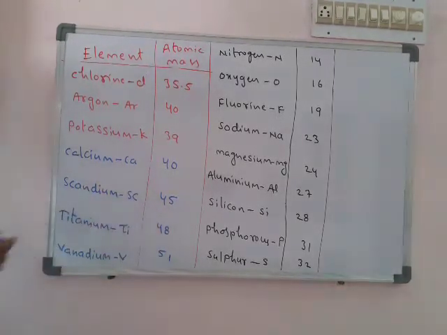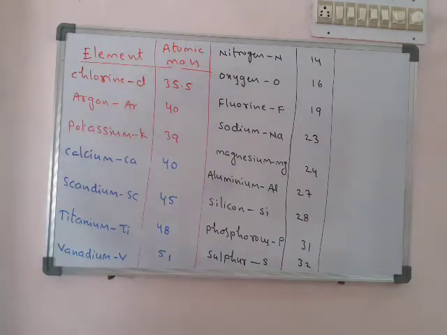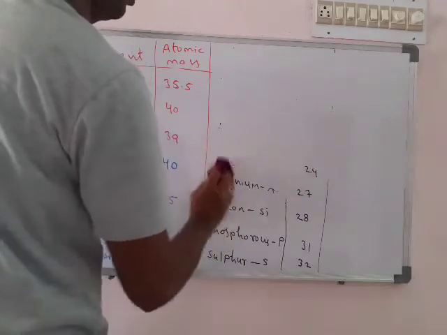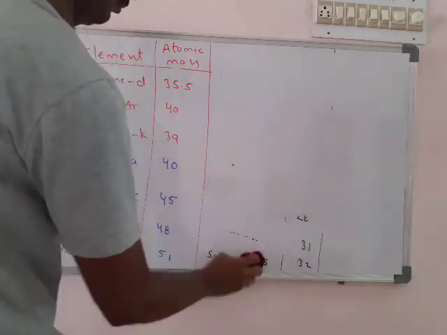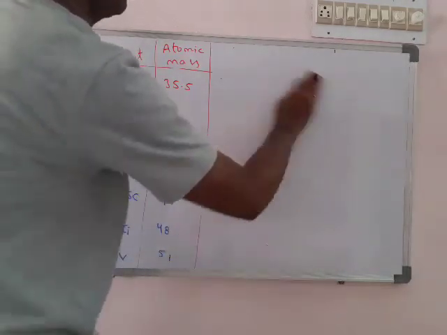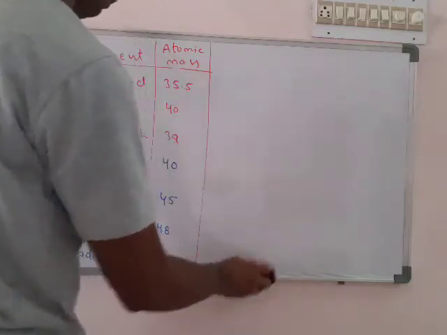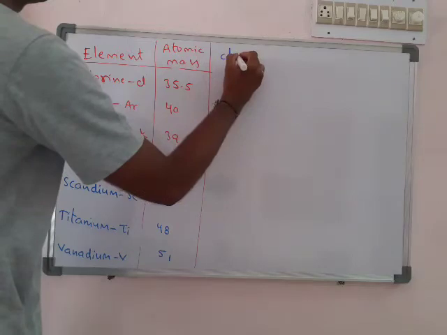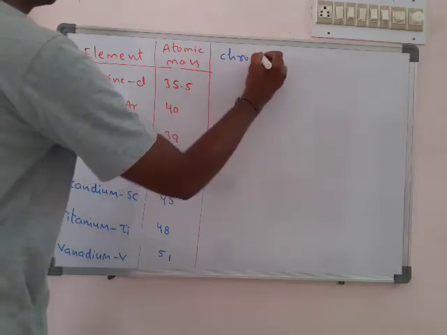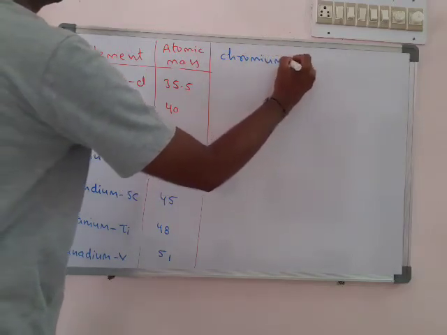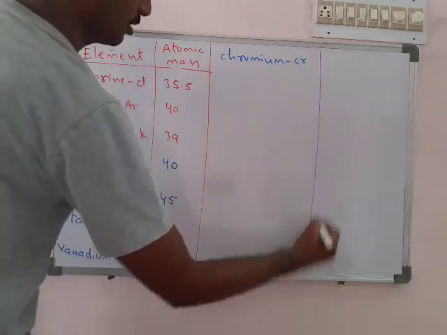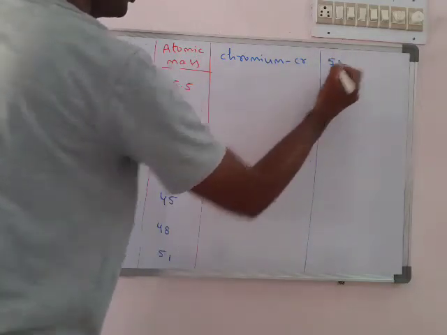Here there is a gap of 3. So next chromium. Okay, chromium is how much? 52.